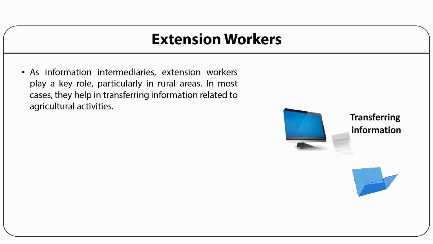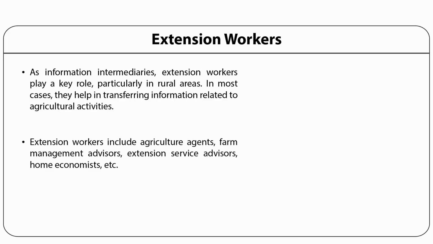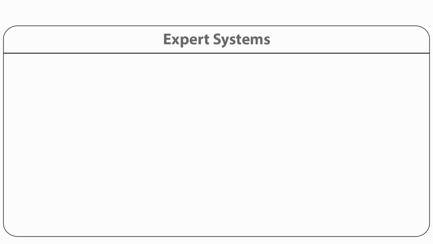Extension workers. As information intermediaries, extension workers play a key role, particularly in rural areas. In most cases, they help in transferring information related to agriculture activities. Extension workers include agriculture agents, farm management advisors, extension service advisors, home economists, etc. So this way, extension workers perform several functions to transmit information.